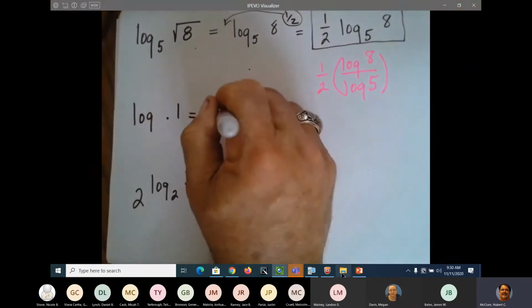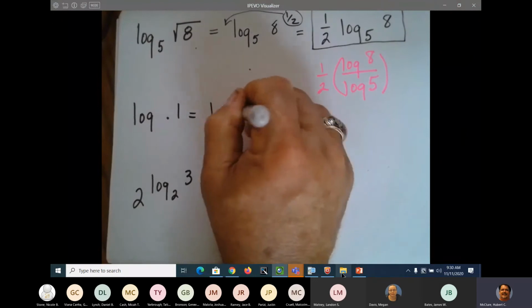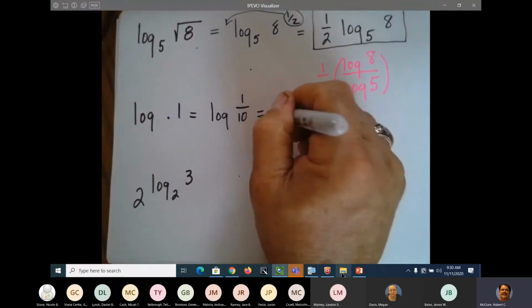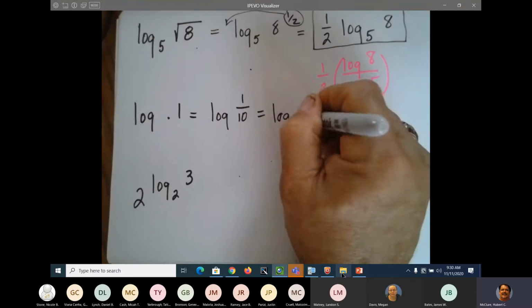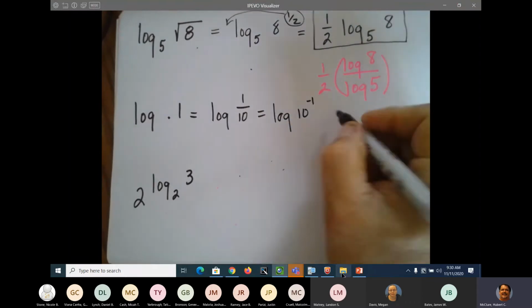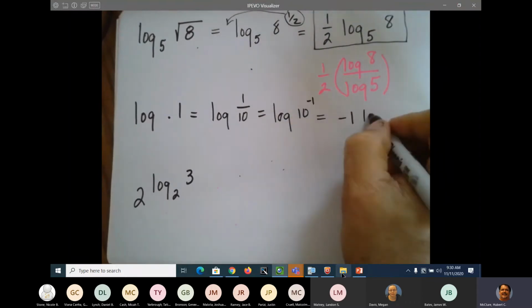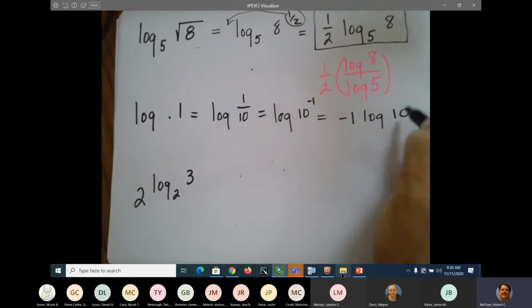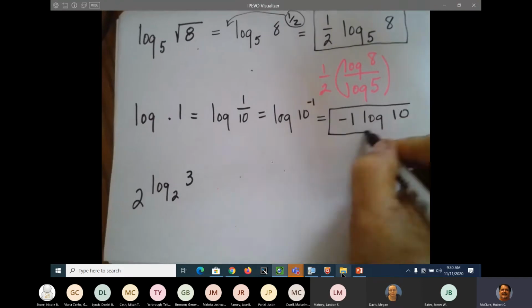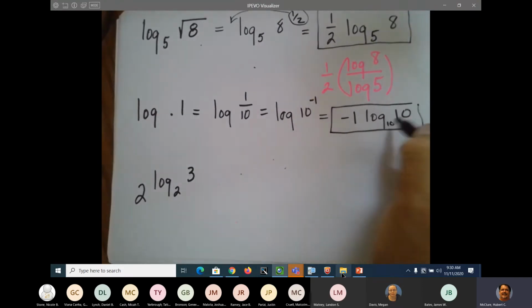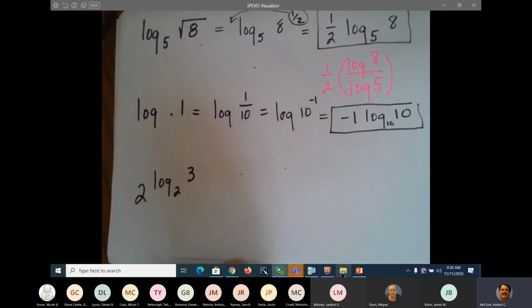And that would be log of 1 over 10, which is equal to log of 10 to the -1, which is equal to -1 log of 10. Now, log base 10 of 10 is equal to 1, so the answer is going to be -1.